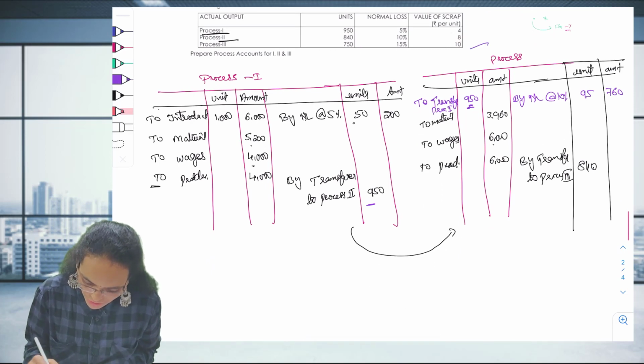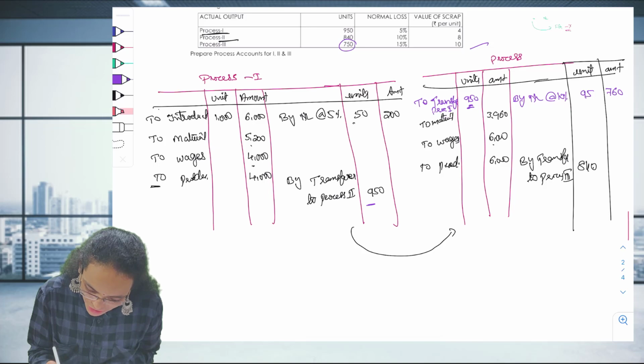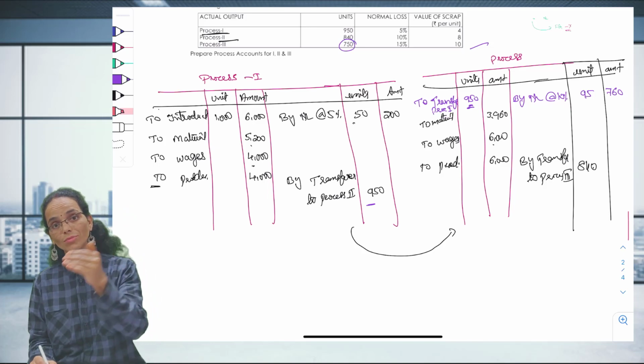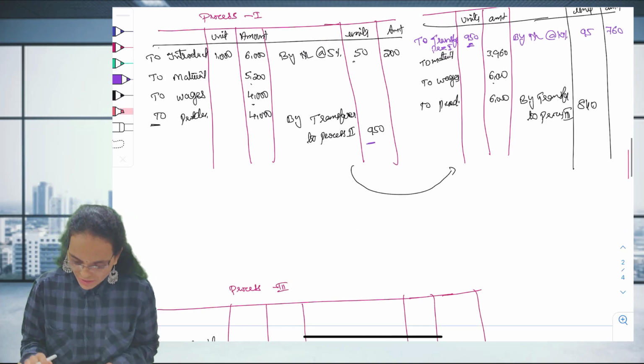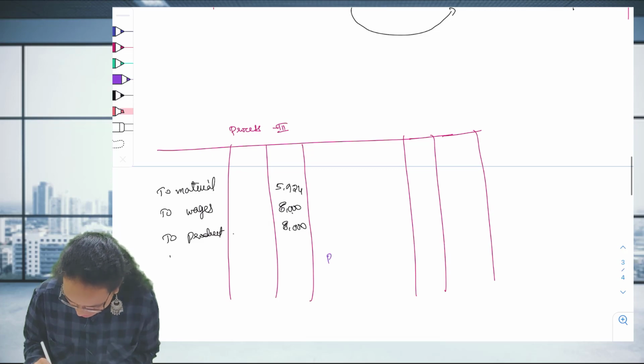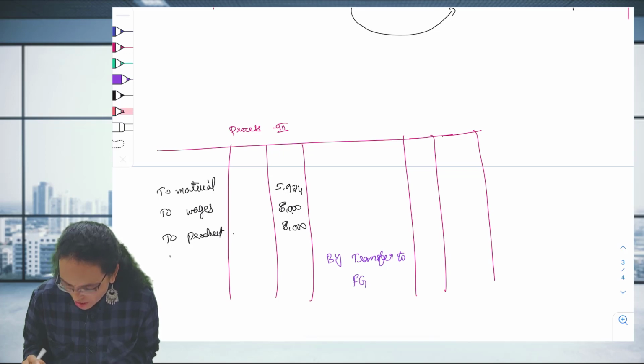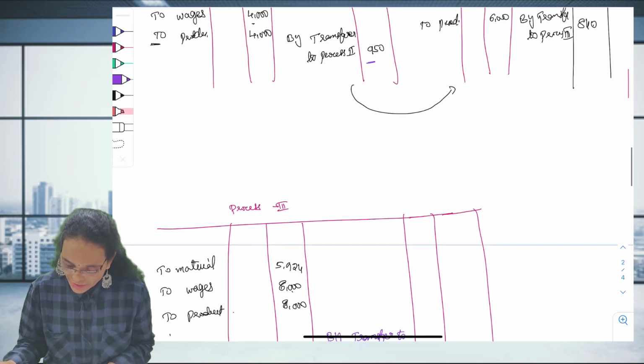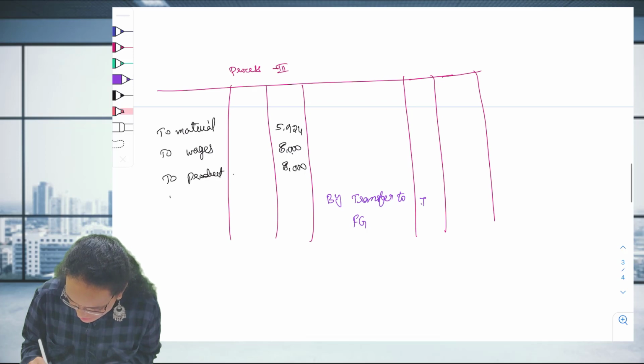Next, come to the third one. What is the third one? 750 units got transferred from process 3. Here, come back. By transfer to the finished stock. Transfer to finished goods. How many units? 750 units.